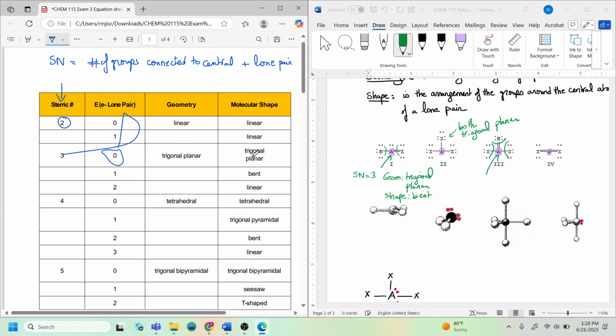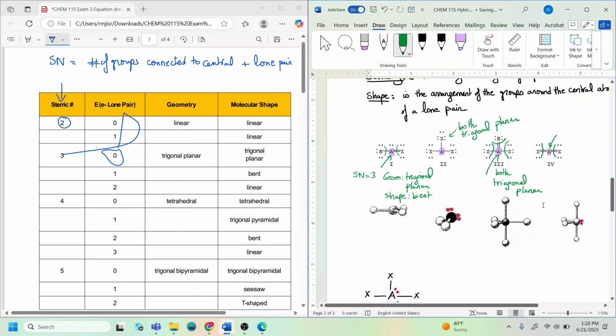Then the geometry and the shape are going to be the same, and both are going to be trigonal planar. For this one, if you have 2 groups around the central atom, that's it. The geometry and shape are always going to be linear, no matter how many lone pairs you have, whether it's 0 or 1.